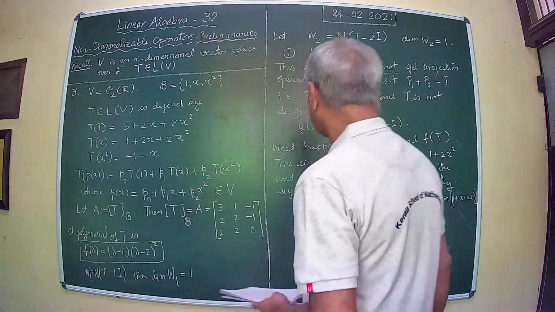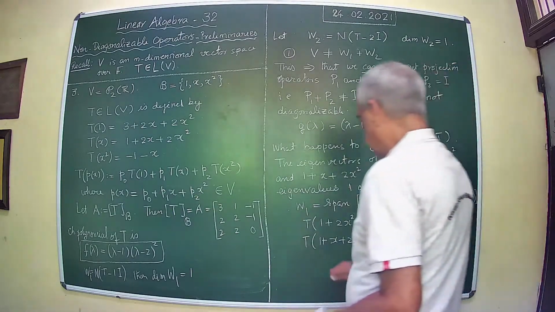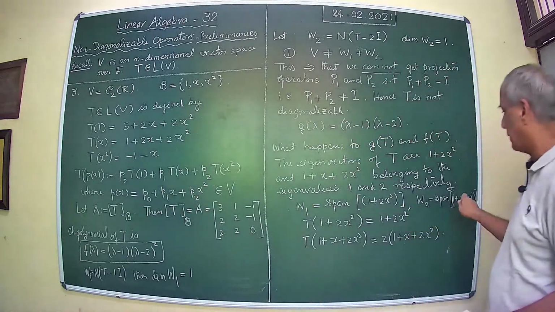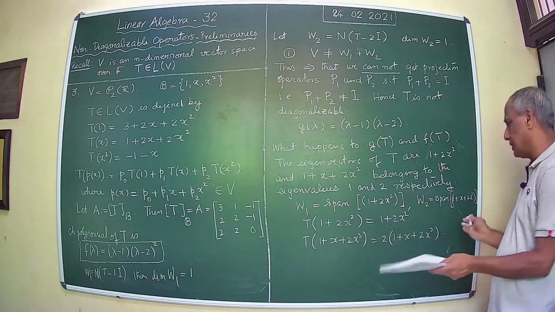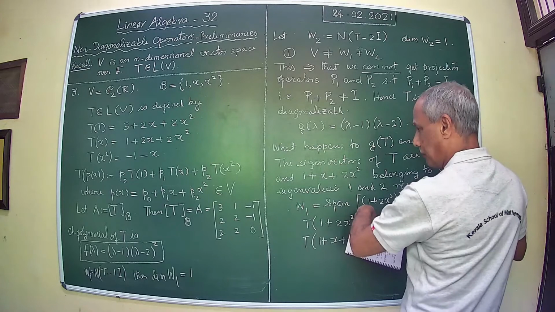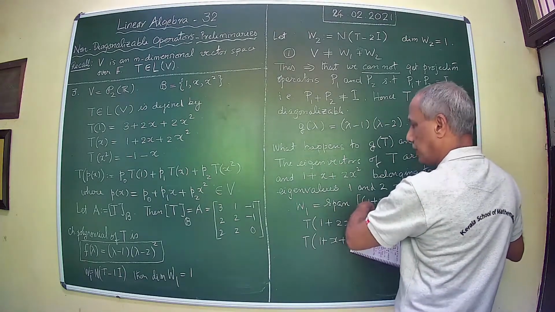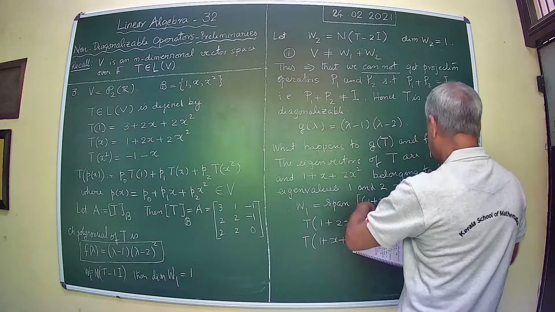Now we look at this. What is f(T) and g(T)? You see that this does not cover the entire V. There is some gap. You have a portion of a two-dimensional subspace of the three-dimensional space V covered by these two vectors.